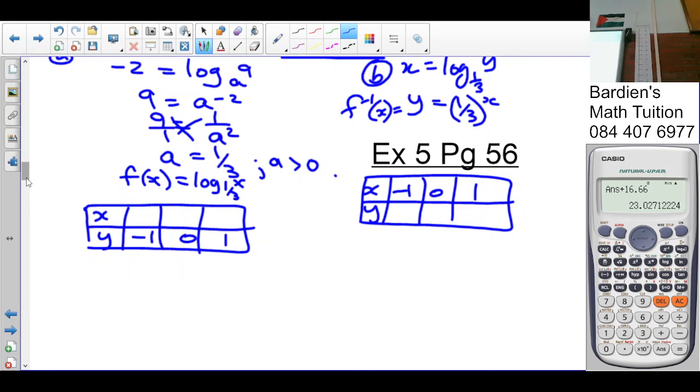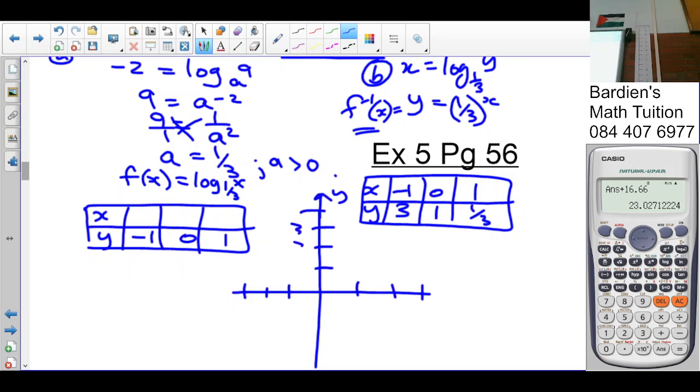Alright, so what do we get? For the inverse function, what do we get? 3, 1, and a third. So I can draw that part of the graph. So minus 1, 1, 1, 2, 3, 4. Okay.